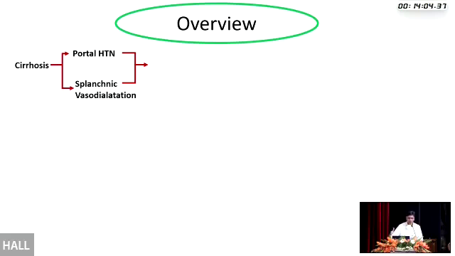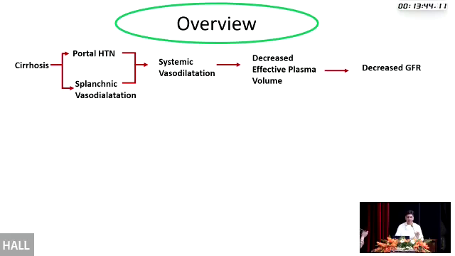And this will lead to splanchnic vasodilatation, and there would be loosening of the tight junctions of the gut, bacterial translocation, endotoxemia, and this would go into systemic circulation and cause systemic vasodilatation. So there will be cirrhosis with splanchnic and systemic vasodilatation, in effect decreasing the effective arterial blood volume.